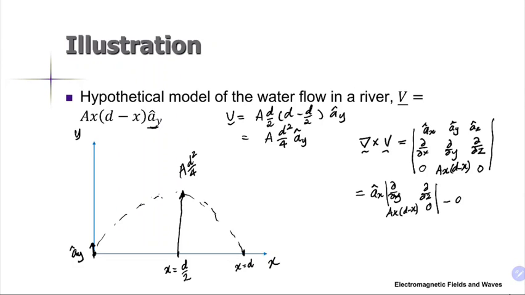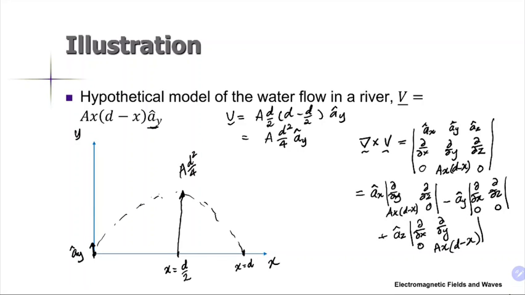Then minus ay, okay, x del z, 0, 0, obviously this is going to be 0, and then plus az, 0 ax d minus x.